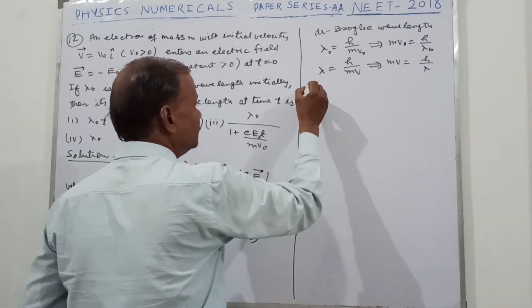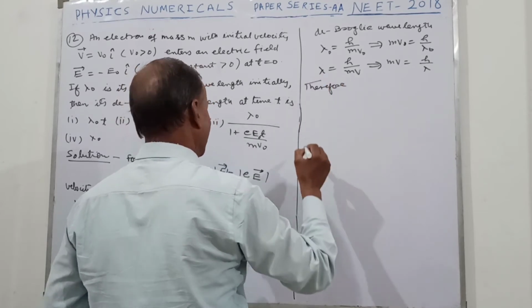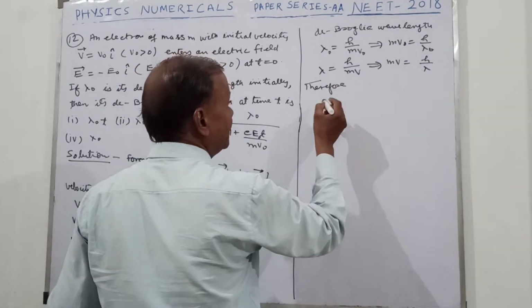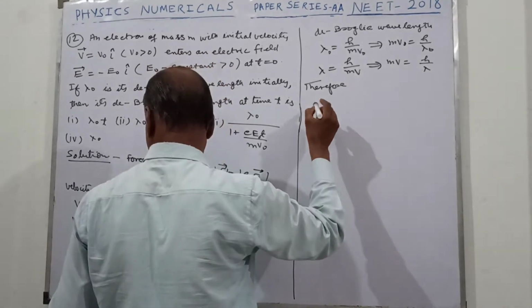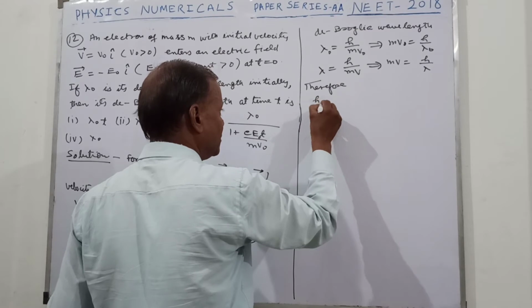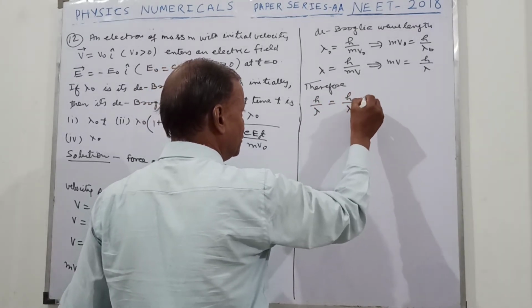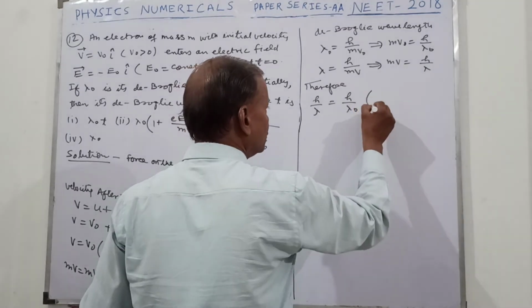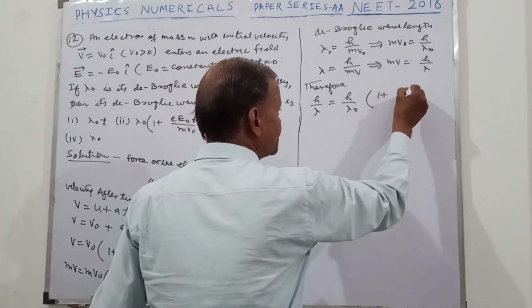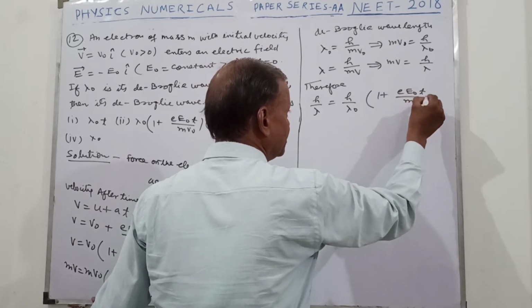Therefore, now here we will have h upon lambda equal to h upon lambda naught into 1 plus e naught t upon mv naught.